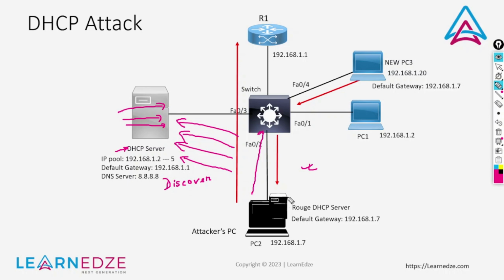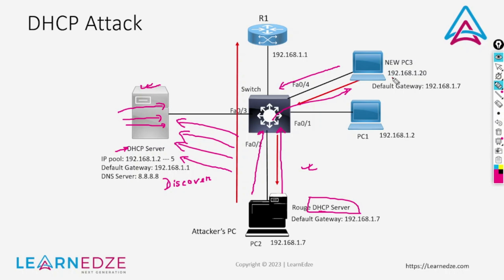Now the attacker's PC will introduce another rogue DHCP server into the network. Let's say a new PC tries to find an IP address automatically from a DHCP server, asking, hey, is there any DHCP server out there? Since our genuine server has exhausted all the IP addresses from its pool, the rogue DHCP server will reply to this new PC saying, yes, I am the DHCP server and here's the IP address for you.